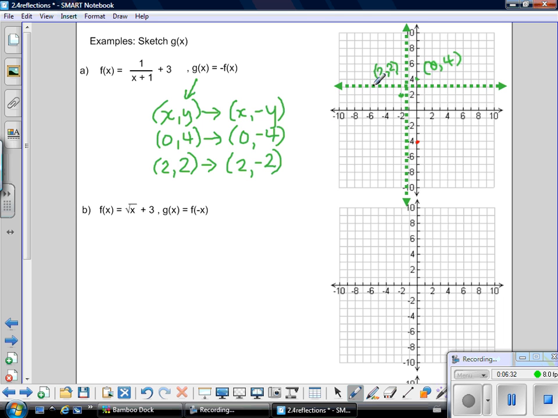Oh, sorry, should have been negative 2 here. I'm sure all of you caught that. So our new point should be at 2, negative 2. So here is 2, negative 2. Okay, so those are those points that we had up here.